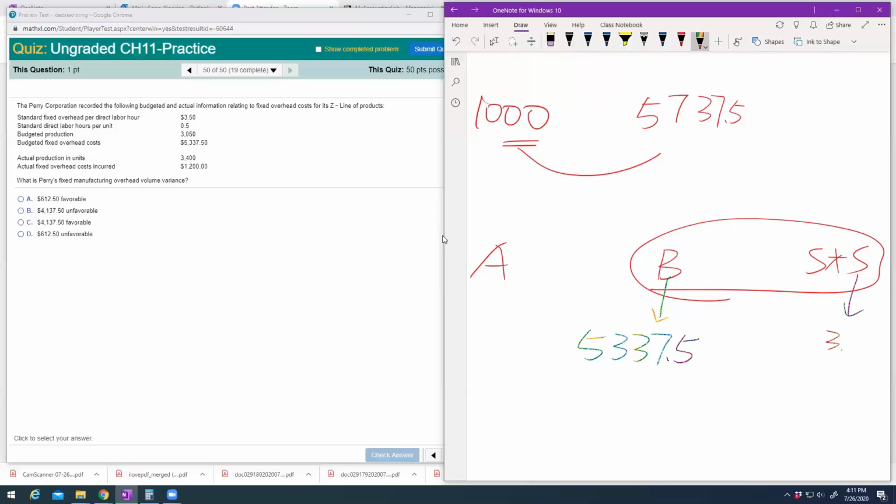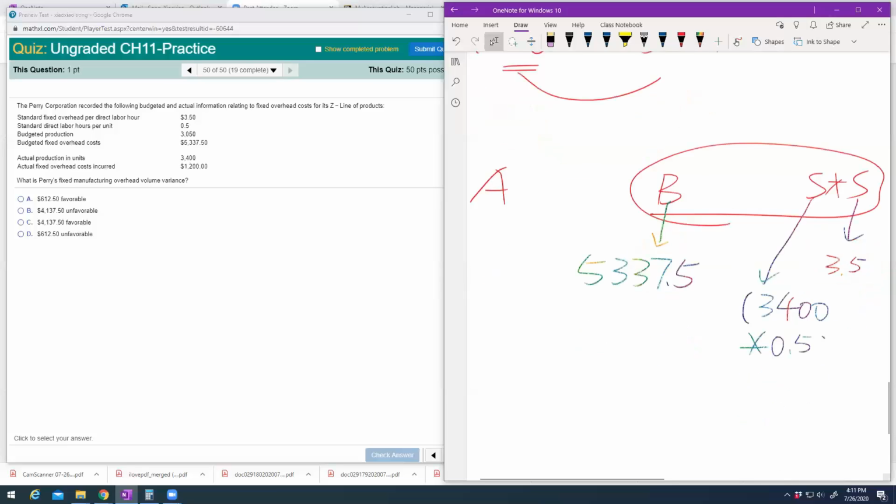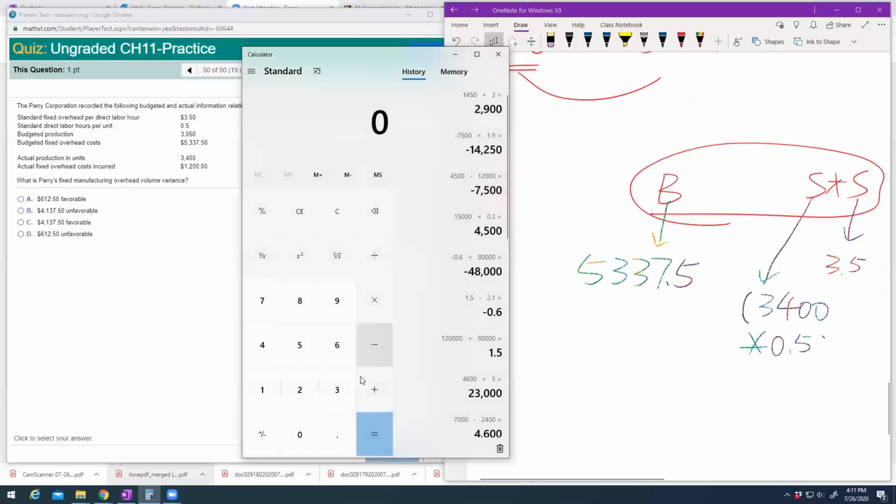So it's 3.5 for our direct labor. And then for each unit is 0.5. We totally produced 3,400 units, and each one we budget 0.5 hour. So that will give us 3,400 times 0.5.